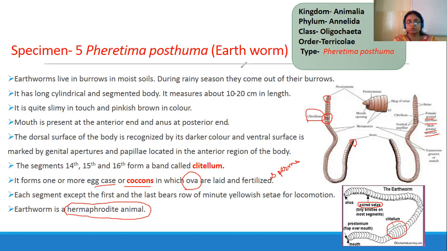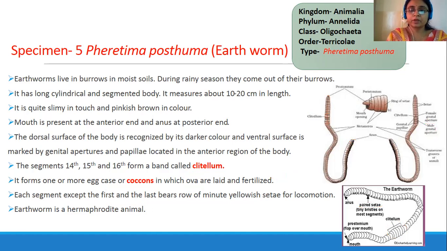Fine. So now let's look at the specimens we have. We have the specimen of the earthworm.